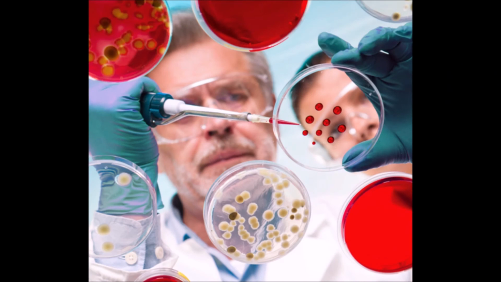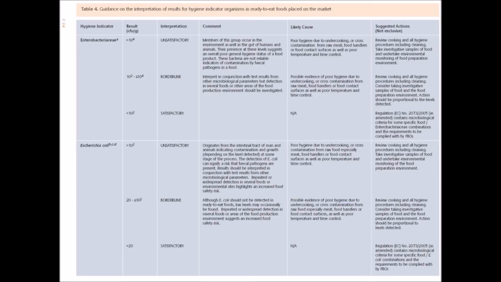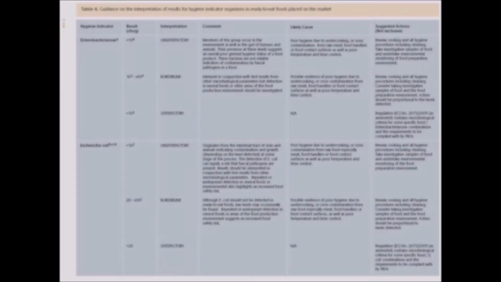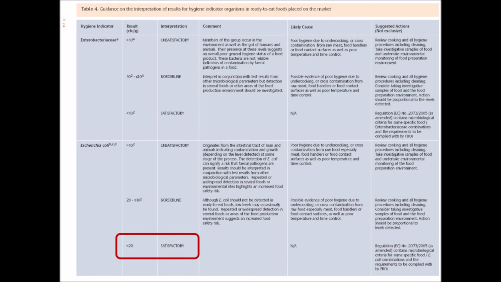The next to consider is the guidance on the interpretation of results for hygiene indicator organisms in ready-to-eat foods. This includes the family of Enterobacteriaceae, non-pathogenic E. coli, Listeria species, not Listeria monocytogenes, etc. Using E. coli as an example, a count of less than 20 colony-forming unit per gram of the food sample is considered satisfactory.